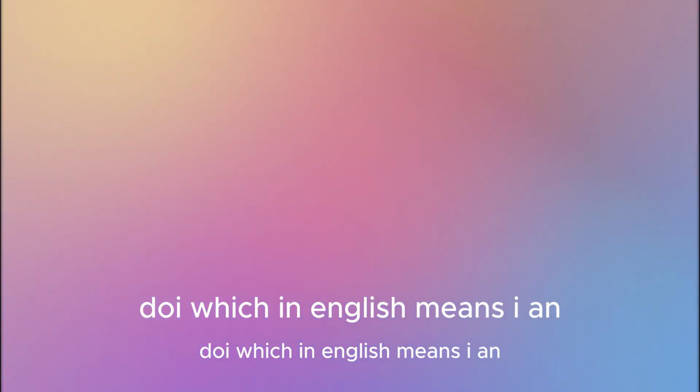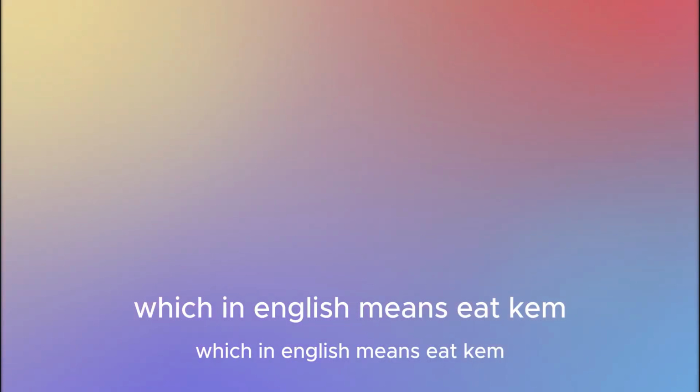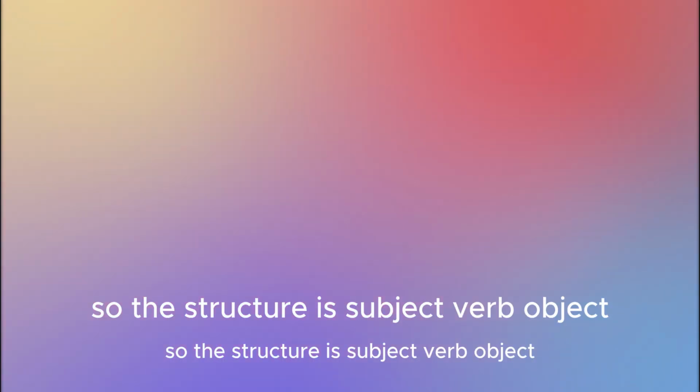Break it down. Tôi, which in English means I, ăn, which in English means eat, cơm, which in English means rice. So the structure is subject, verb, object.